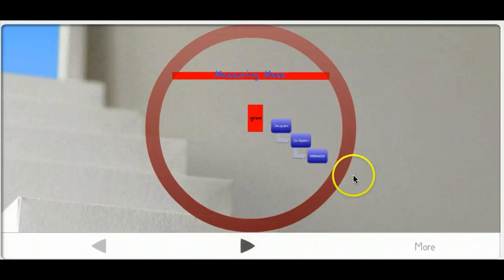On the right side of the ladder, we have our smaller units: decigram, centigram, milligram. And on the left side, we have our larger units: decagram, hectogram, and kilogram.